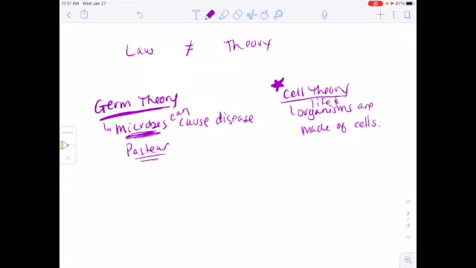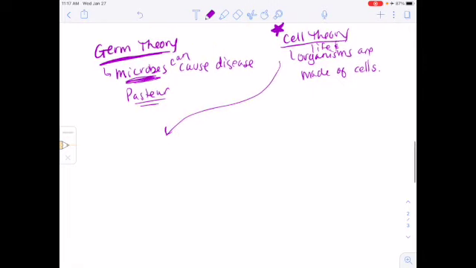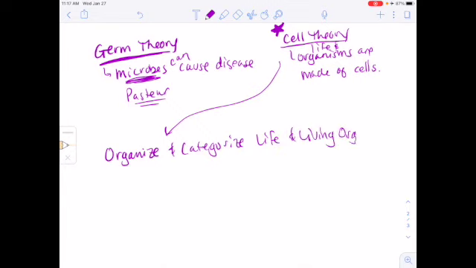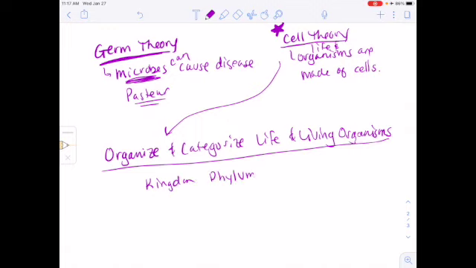Okay, so with cell theory, we organize and categorize all of life and living organisms. And you've probably heard of the whole kingdom, phylum, class, order, and so on.